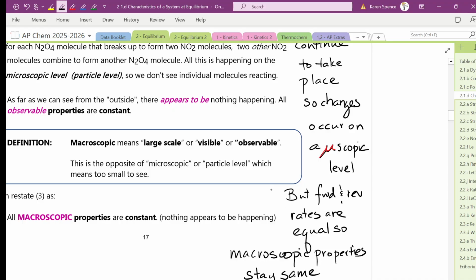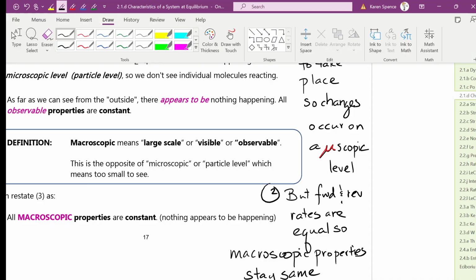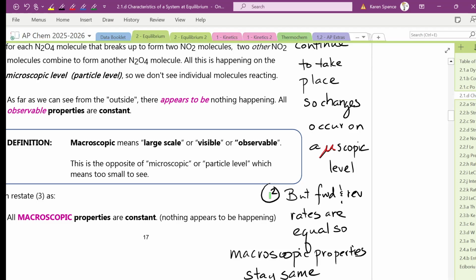Cool, cool. Okay. So this is part 2 of our definition. That's the equilibrium part: the rates are equal, so the macroscopic properties do not change. What the heck is macroscopic? Visible to the eye, okay?